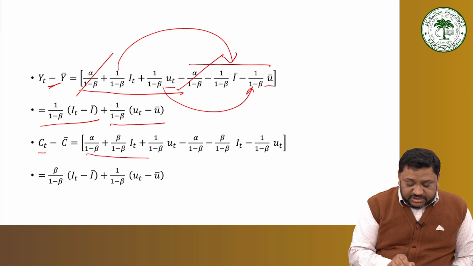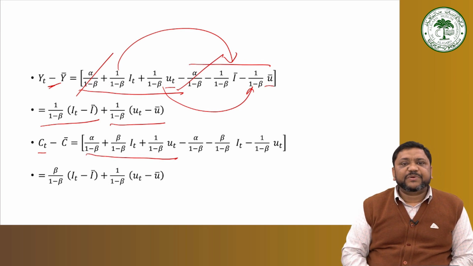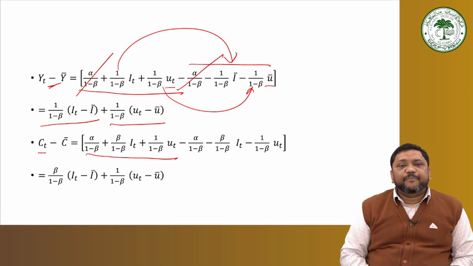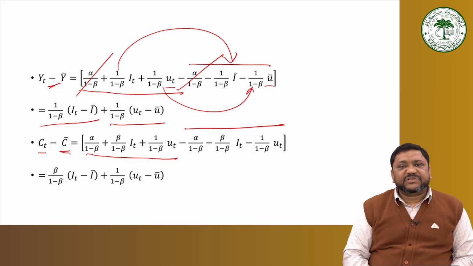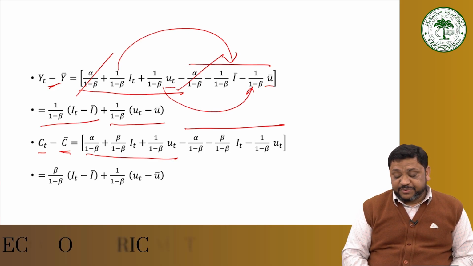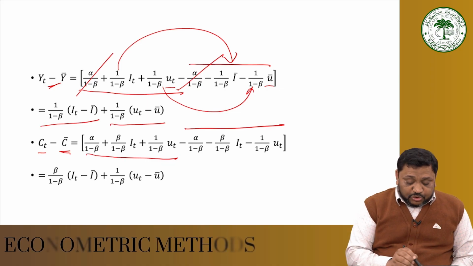These are the three terms representing ct, that is alpha (1 minus beta) plus beta over (1 minus beta) it plus 1 upon (1 minus beta) ut, and these are the three terms representing c bar. So we write it with a minus sign: minus alpha (1 minus beta) minus beta over (1 minus beta) i bar minus 1 upon (1 minus beta) u bar.